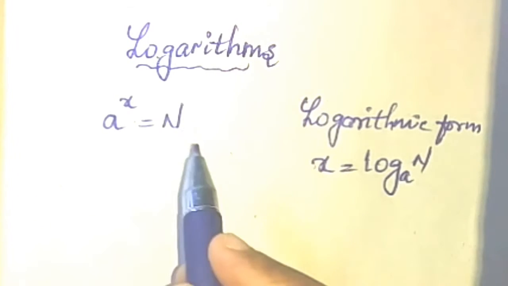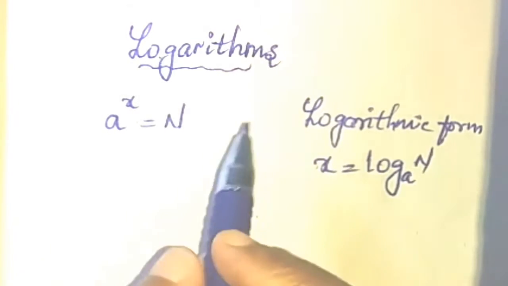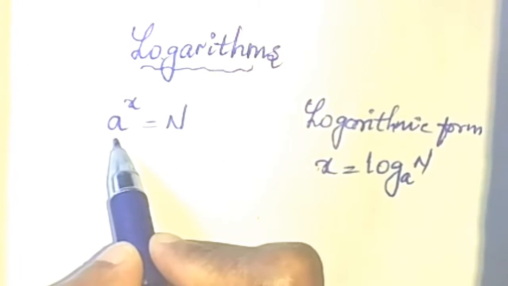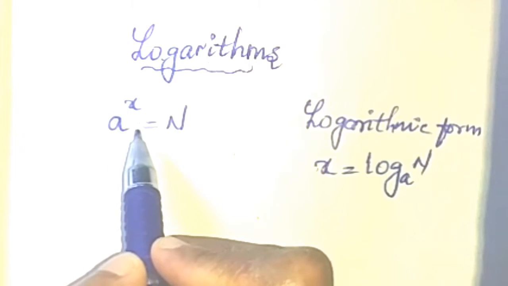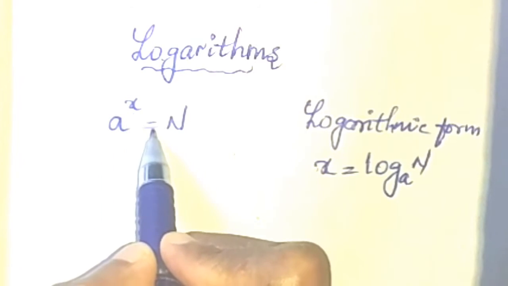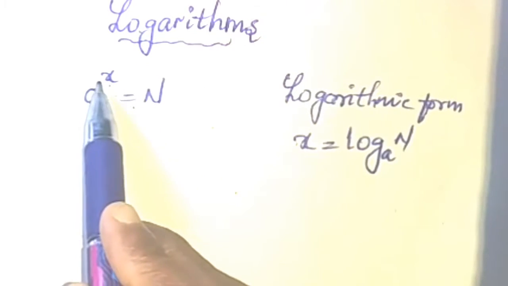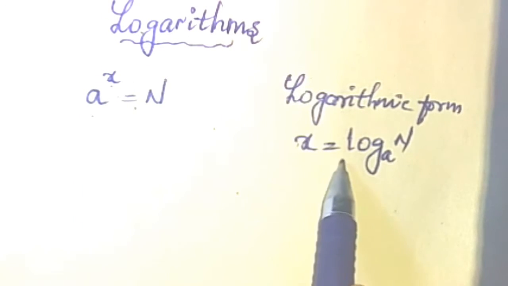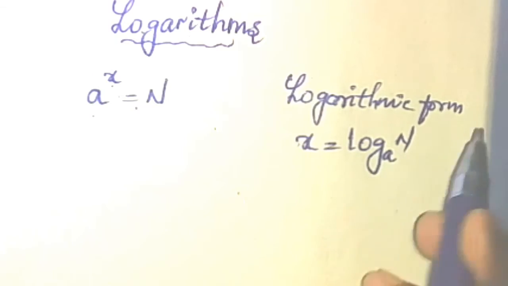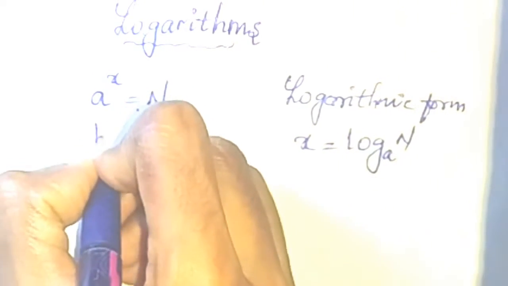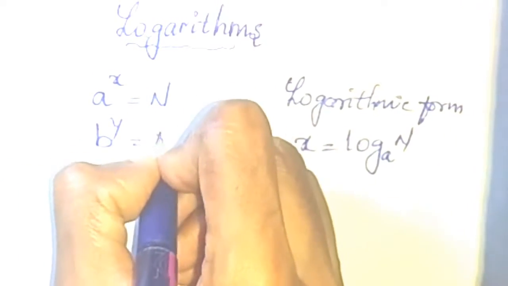In today's session we are going to discuss some basics of logarithms. So this is exponential form, that is a to the power of x is equal to n, and this is logarithmic form, that is x is equal to log n base a. What if I have written b to the power of y is equal to n?